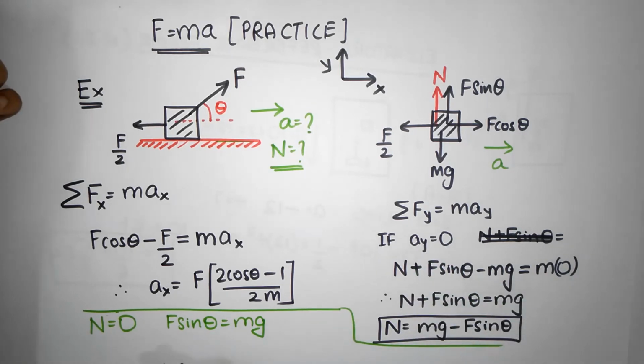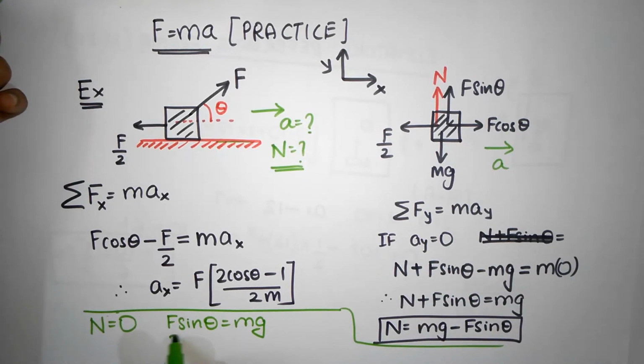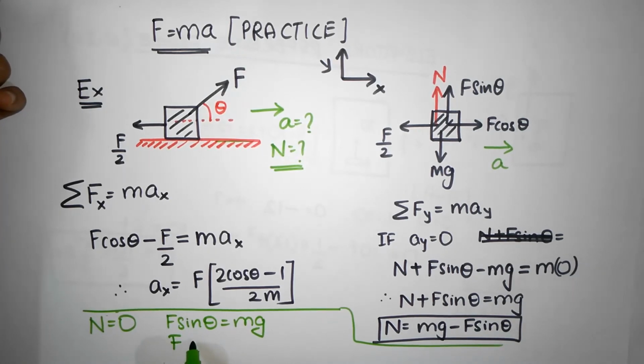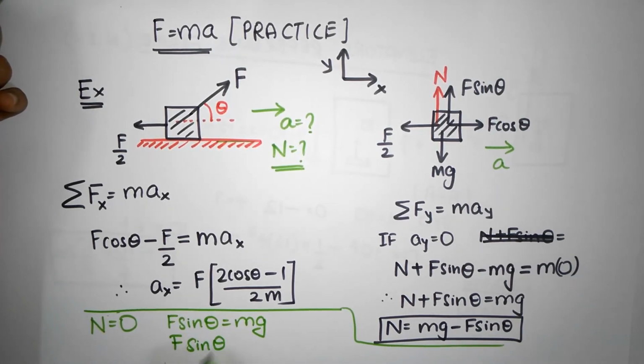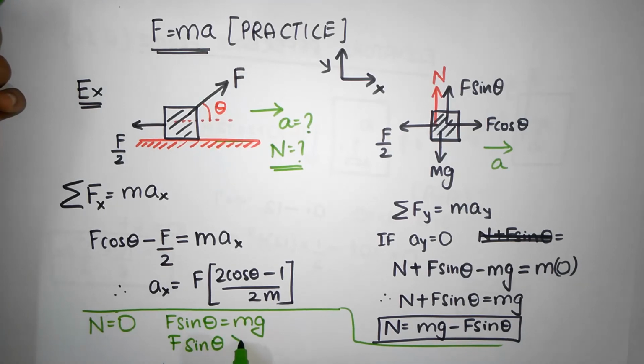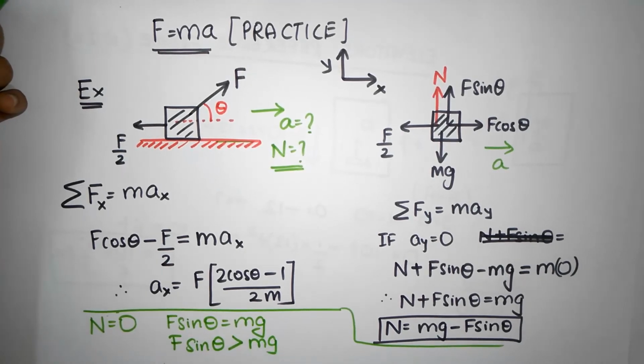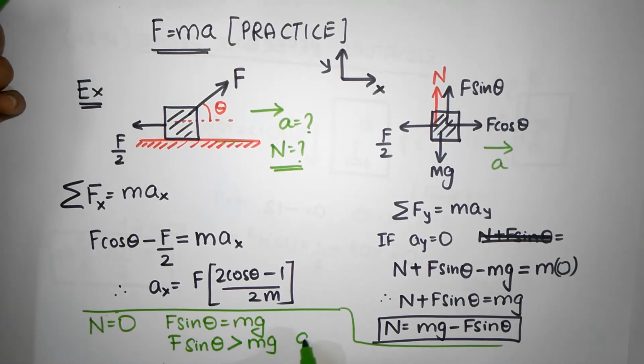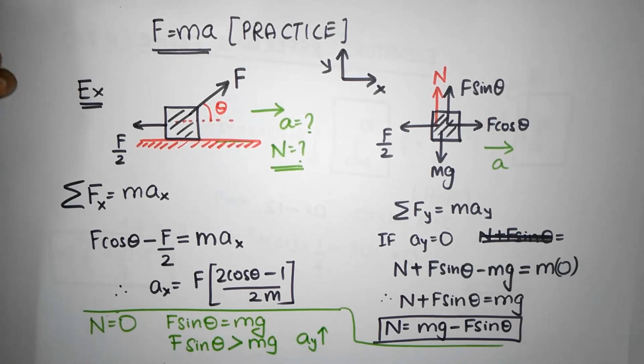So in order for the object to accelerate, F sine theta must be more than mg. If F sine theta is more than mg, then there will be acceleration in the y direction. With this example, I hope you were able to understand how we can apply F equals ma in general. See you next time.